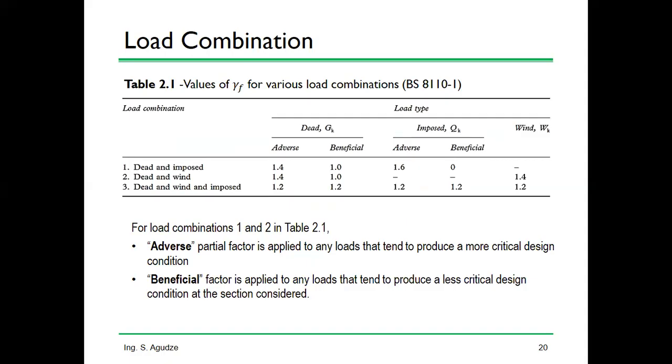So if all three are acting, then the dead load should be multiplied by 1.2 as the gamma F, and imposed load should also be 1.2, and wind load should also be 1.2. So there's no rule that every dead load all the time is 1.4. That's not the rule. It's about which loads are acting at the same time, which we call the load combination. Okay.